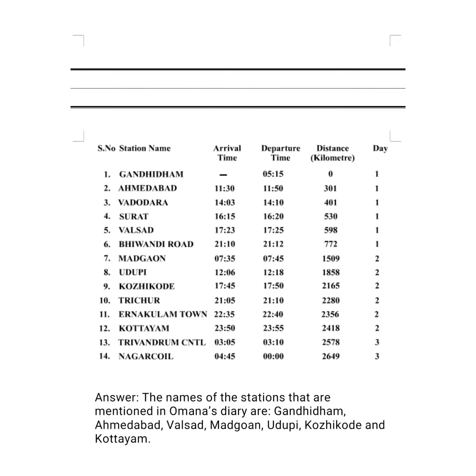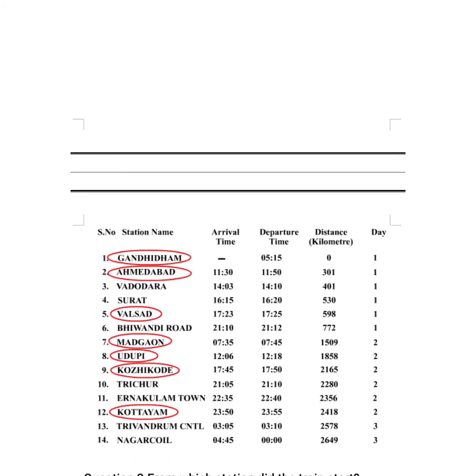So the answers of this is, the names of the stations that are mentioned in Omana's diary are Gandhidham, Ahmedabad, Valsad, Madgaon, Udupi, Coimbatore and Kottayam. So you have to encircle all these stations that are mentioned, and it is as follows. First Gandhidham, second Ahmedabad, fifth Valsad, then we have Madgaon, then we have Udupi, then we have Coimbatore, and at the last we have Kottayam. So you have to encircle these answers in your book itself on page number 65.